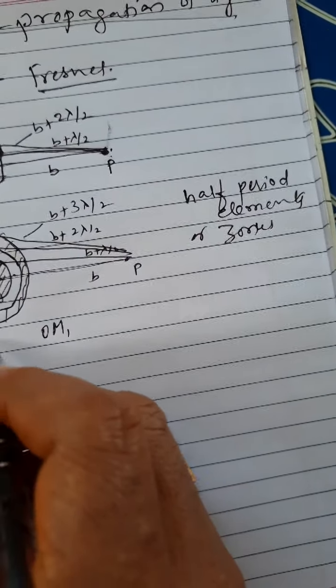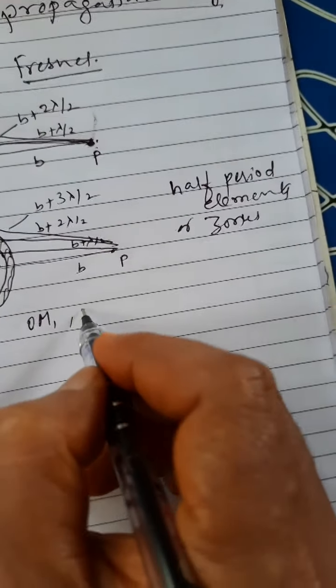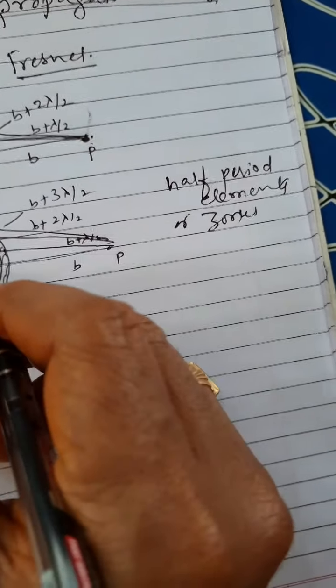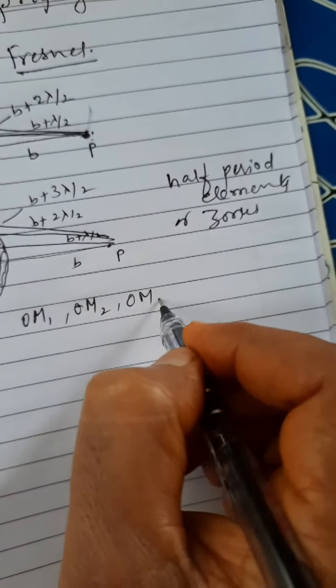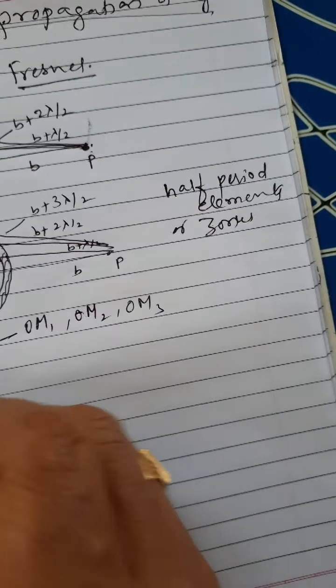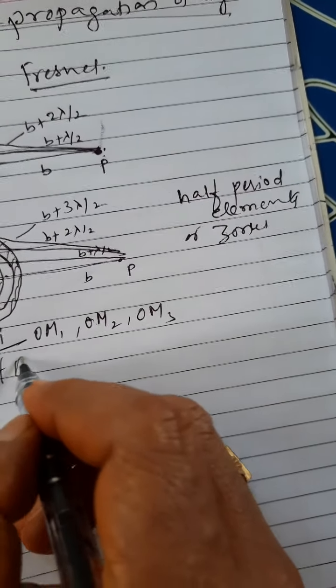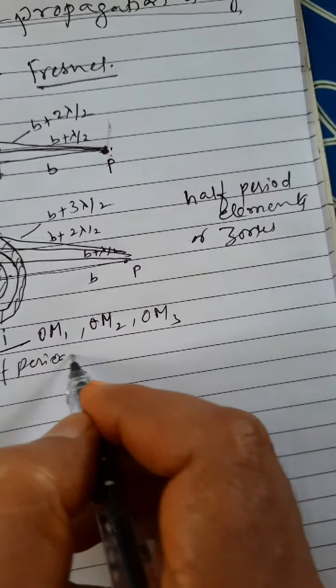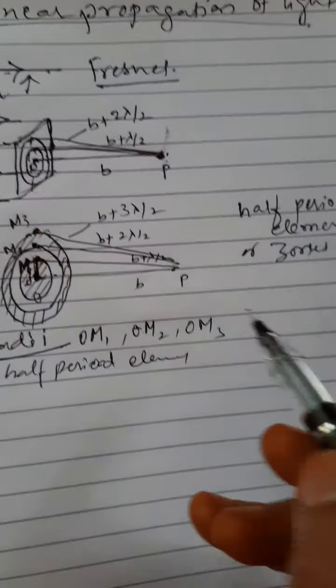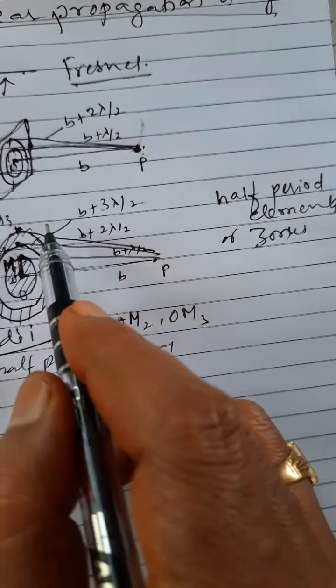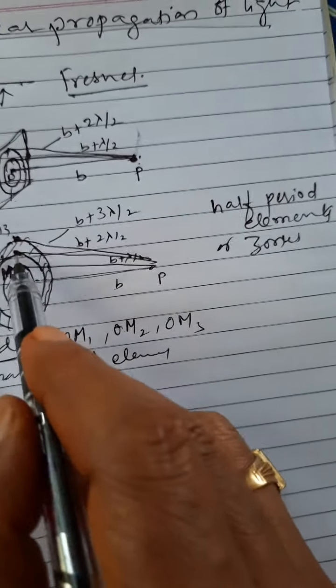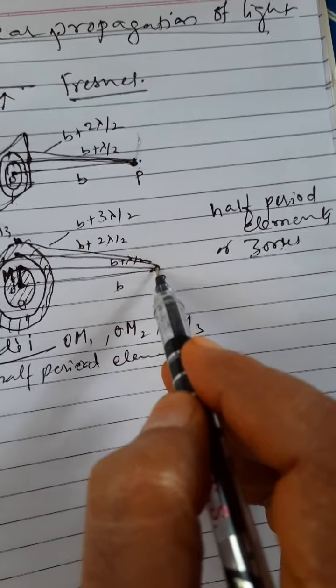The radii of the half-period zones are OM1, OM2, OM3. Now we will study the effect of all these half-period elements at point P.